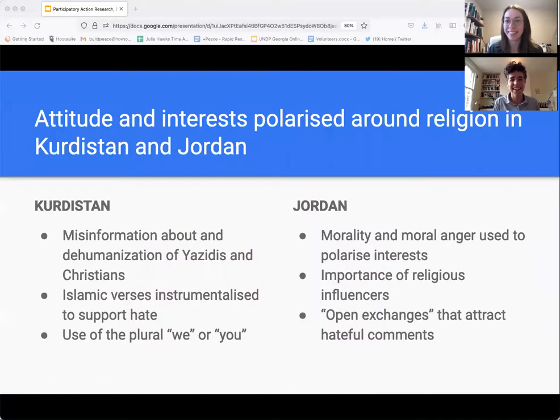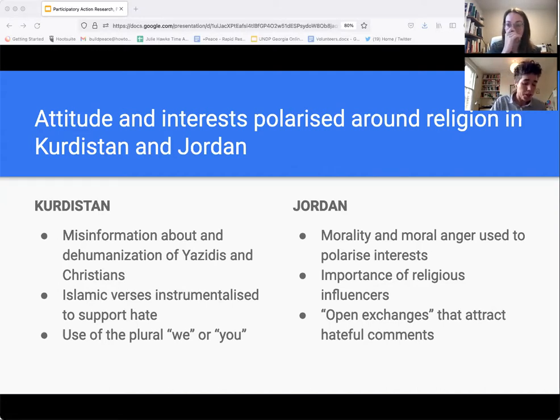So I said two different contexts, but interestingly, both saw that attitudes and interests were polarized around religion. In the case of Kurdistan, a qualitative analysis of the language used on Facebook posts revealed a toxic and polarizing atmosphere against religious minorities, especially Yazidis and Christians, fueled largely by misinformation and dehumanization.